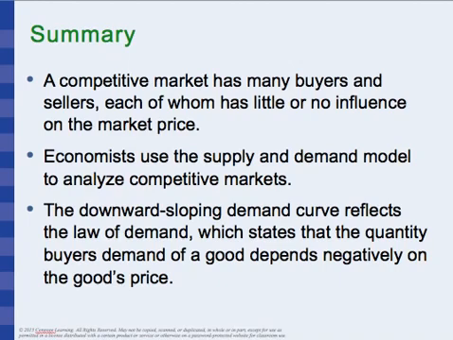So in summary, a competitive market has many buyers and sellers, each of whom has little or no influence on the market price. Economists use the supply and demand model to analyze competitive markets. The downward sloping demand curve reflects the law of demand, which states that the quantity buyers demand of a good depends negatively on the good's price. If a good's less expensive, you're going to want more of it as a demander.